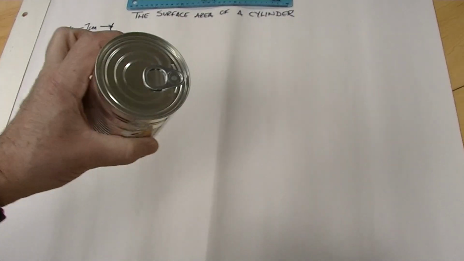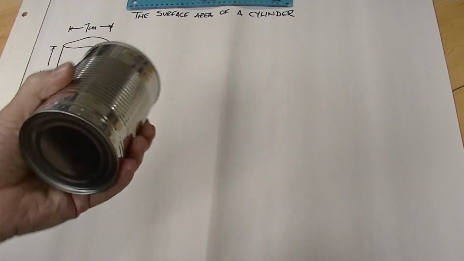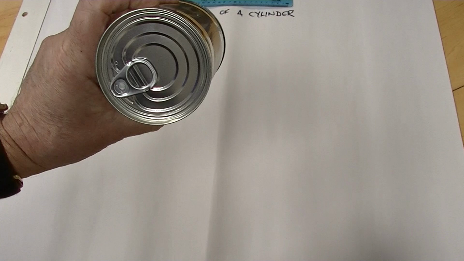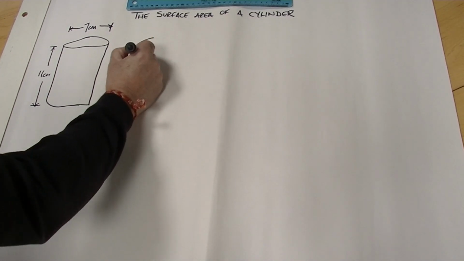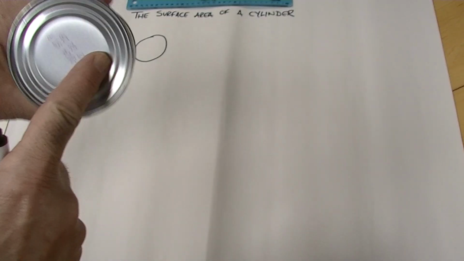When we look at the cylinder, we need to find out what it's composed of, what the shapes are. A circle for the bottom, a circle for the top. So we're going to find the surface area of this circle.